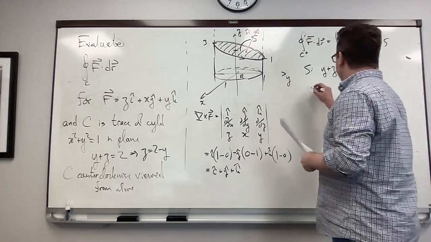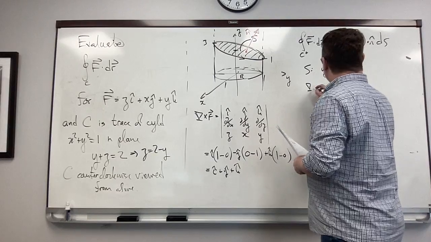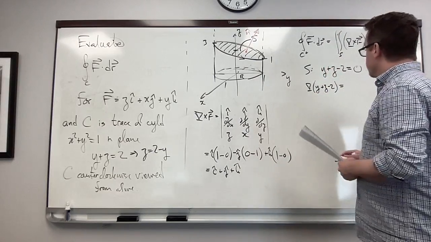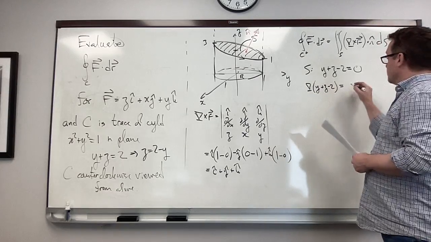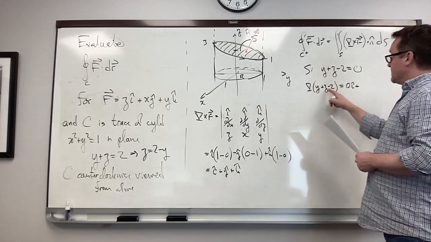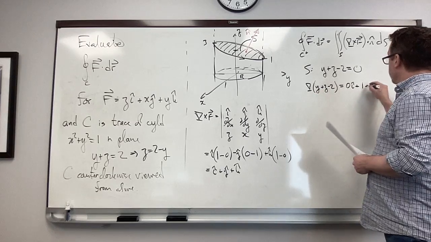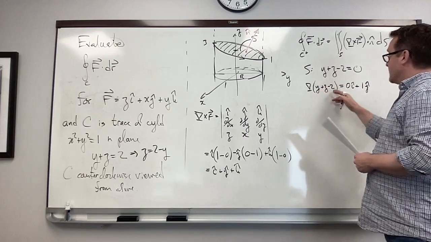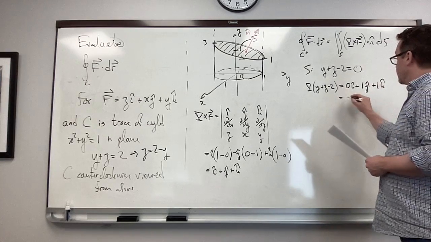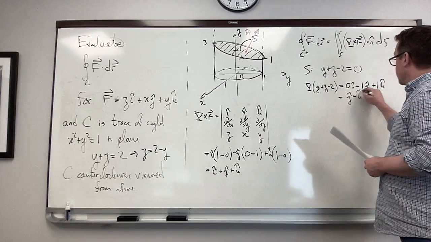Now I need the gradient of that. ∂/∂x is 0 i, plus ∂/∂y, which is 1, plus ∂/∂z, which is 1, times the unit vectors. So this is just j plus k.